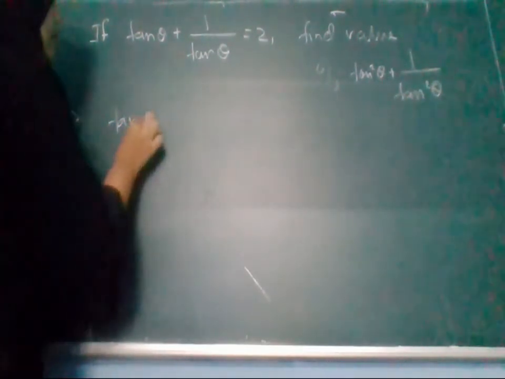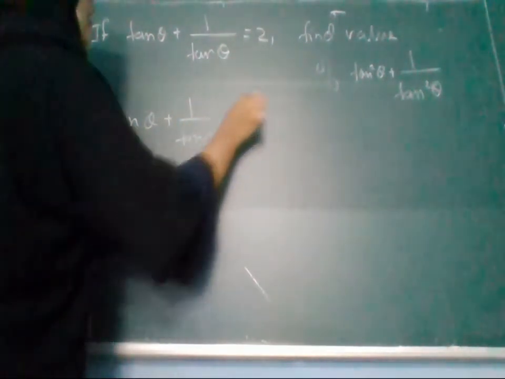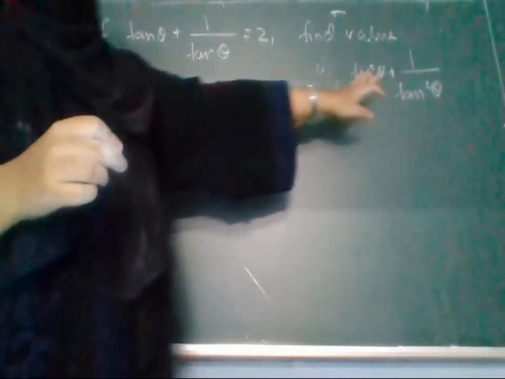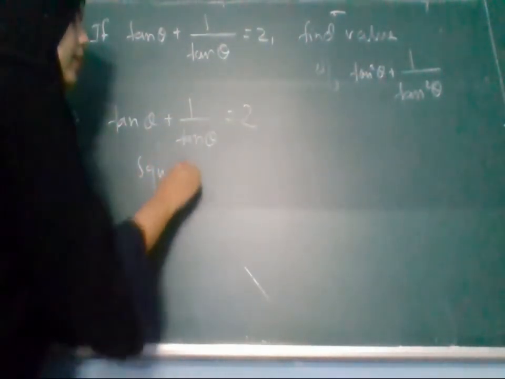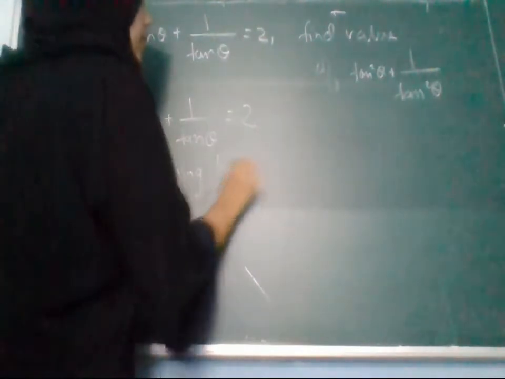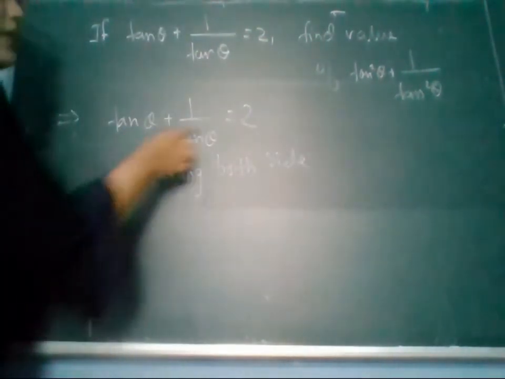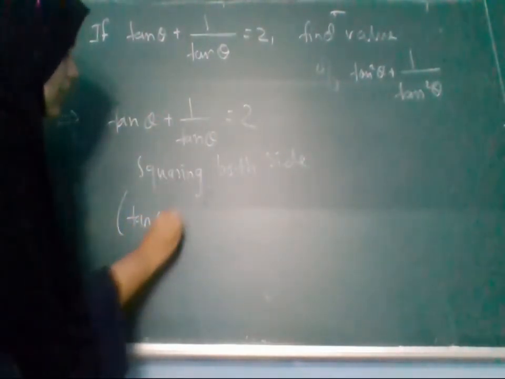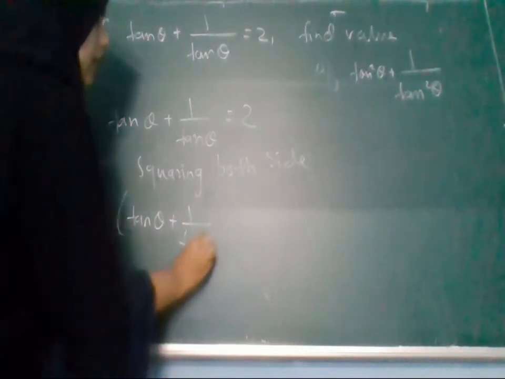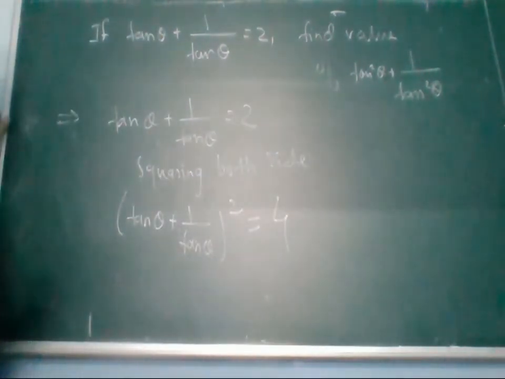Tan theta plus 1 upon tan theta is equal to 2. We need square terms. Okay. So what we will do? Squaring both sides. What we will get here is (a plus b) whole square, right? Tan theta plus 1 upon tan theta whole square is equal to 4, since 2 square is 4.